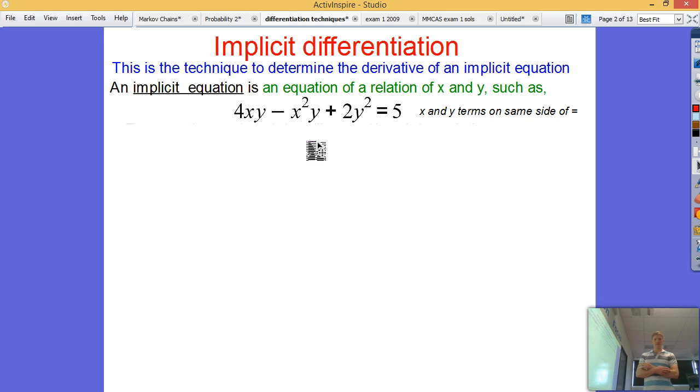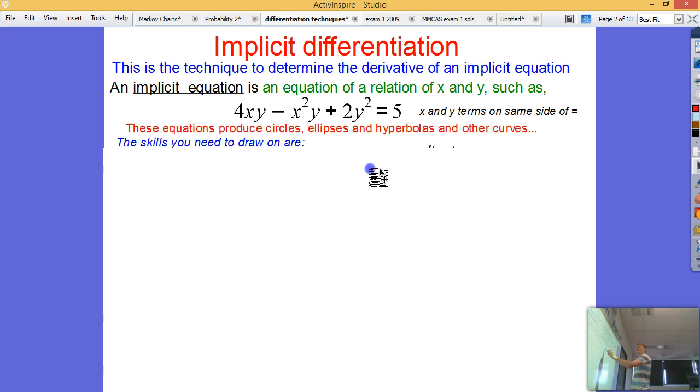That's called an implicit equation, because there is no way it can be expressed in terms of y in an explicit way. Such relations are used to model ellipses and hyperbolas and circles and different curves like that. And so when we differentiate these types of relations, we're going to draw on a couple of skills.